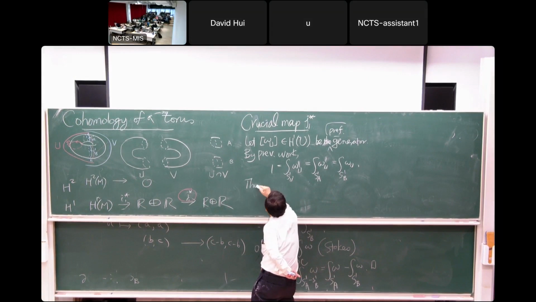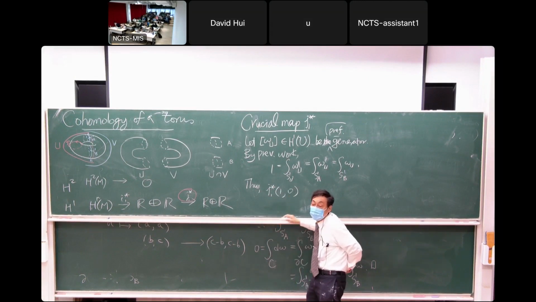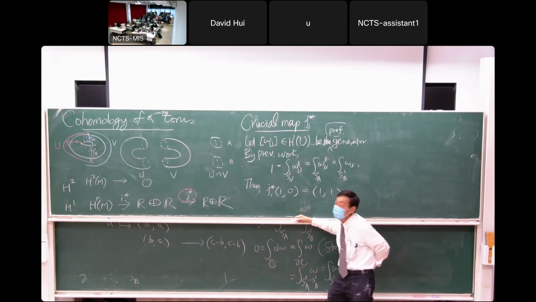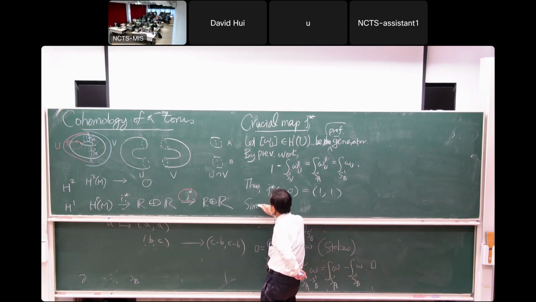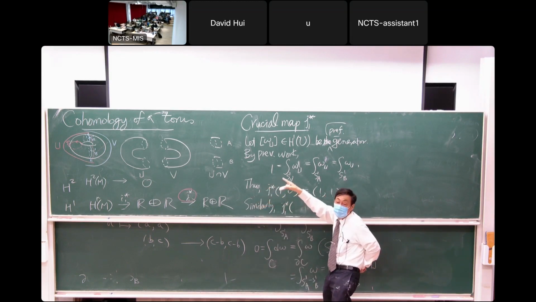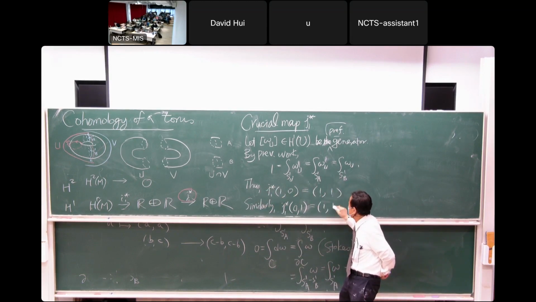So thus J1 star will take the generator to the generator on A and the generator on B. Okay? And similarly, if you pick a generator on V, that will be 0, 1. And it will also go to the generators on A and B. Okay?